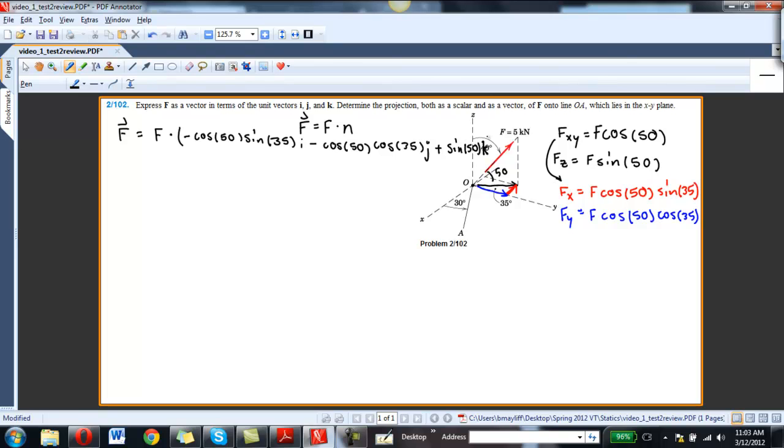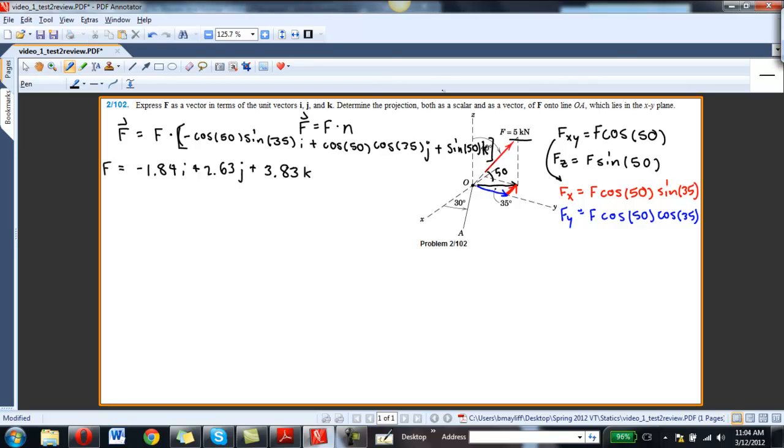Okay, there we go. That sort of ran on a little bit, but it shouldn't be too difficult to solve, seeing as F is 5 kilonewtons. So, just plugging in the numbers, I'll just do that quickly. And a little mistake there: actually the y's are going to be positive. Just remember that. So yeah, this is what we get for the F in terms of the unit vectors.